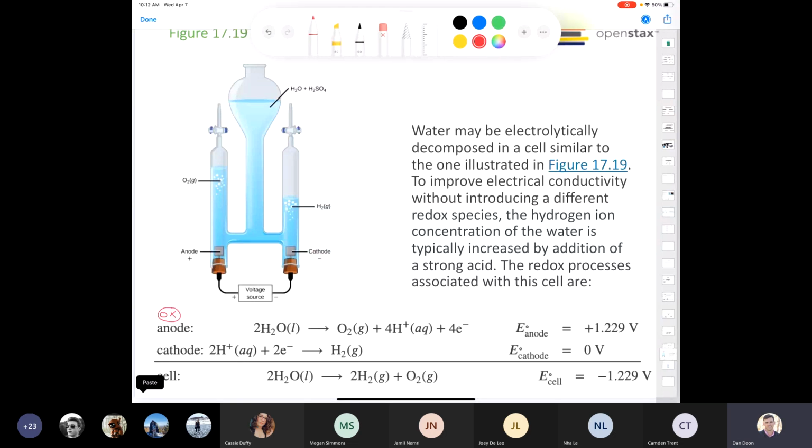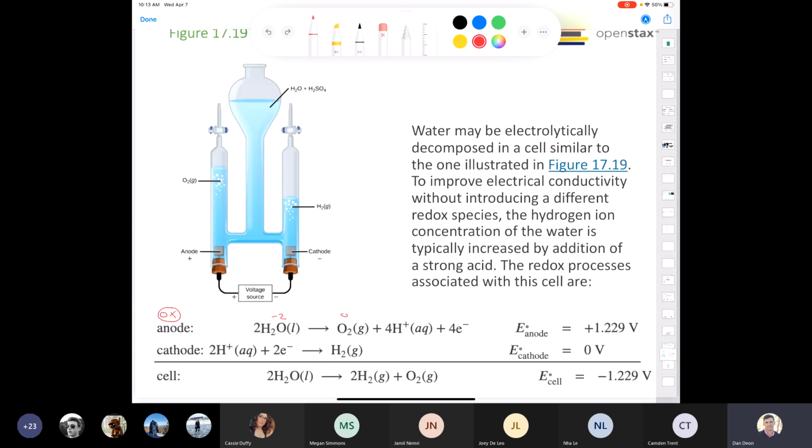Remember An Ox and Red Cat? What you're doing is you're oxidizing the oxygen from a -2 oxidation state to a 0 oxidation state. And the standard reduction potential of the water to produce oxygen is positive 1.23 volts approximately.